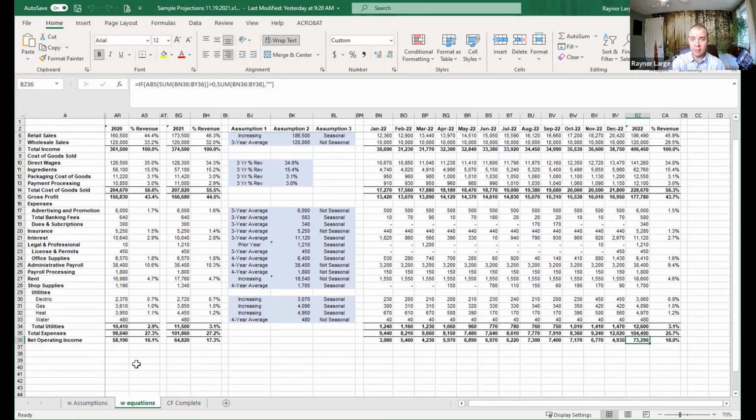Now I want to add a couple rows. I'm going to have a starting cash position, first and foremost. And my starting cash is going to be a manual entry.